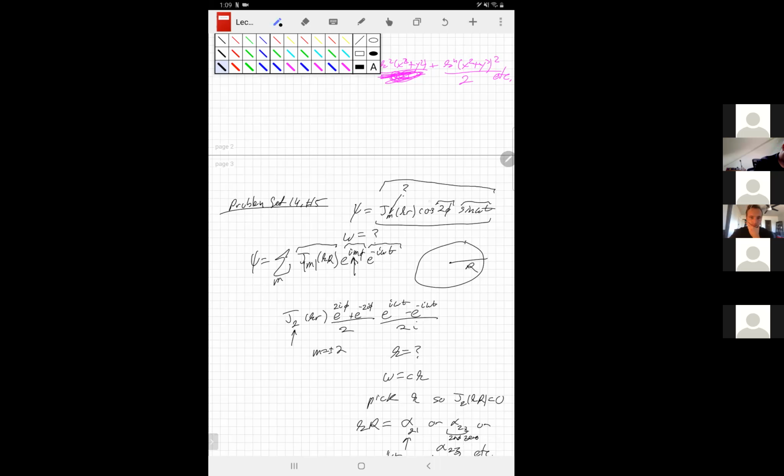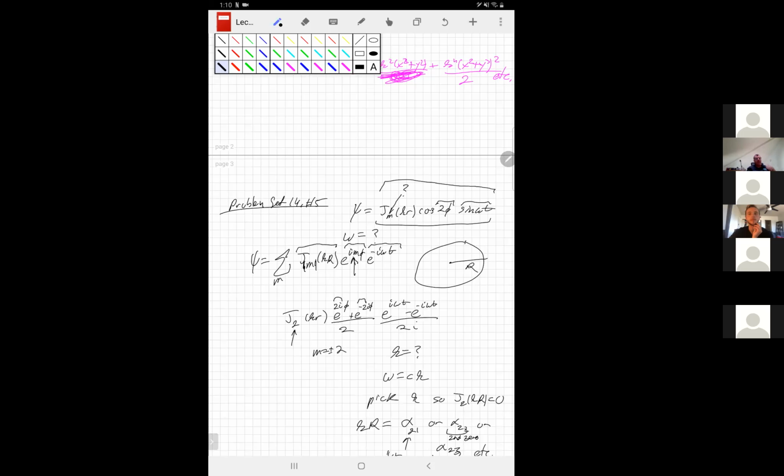Looks like they took a combination of solutions that have m equals +2 and m equals -2. But whether m is +2 or -2, you multiply that e to the i m phi by a Bessel function of order absolute value of m.